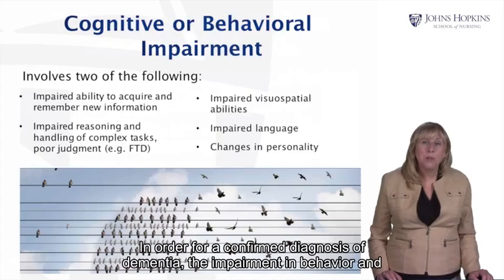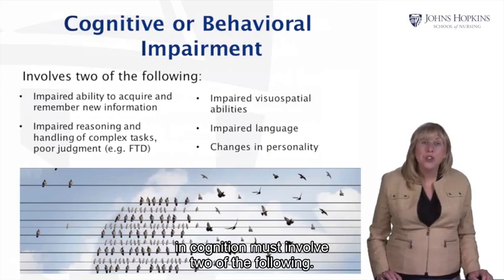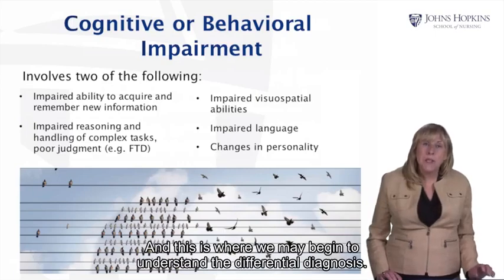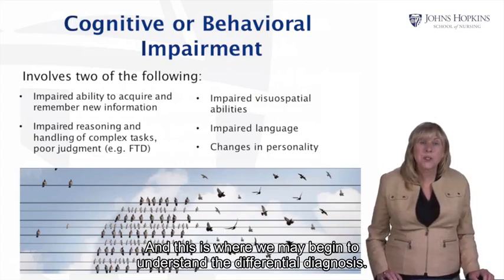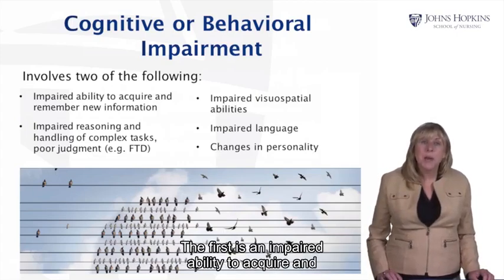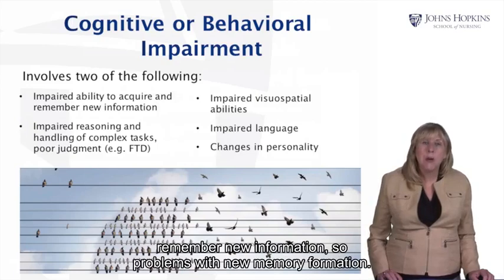In order for a confirmed diagnosis of dementia, the impairment in behavior and in cognition must involve two of the following. And this is where we may begin to understand the differential diagnosis. The first is an impaired ability to acquire and remember new information, so problems with new memory formation.